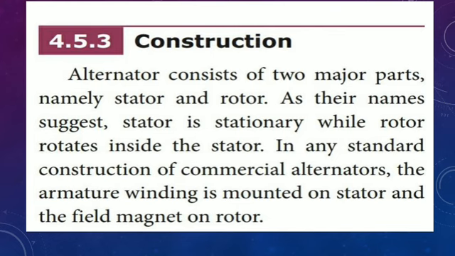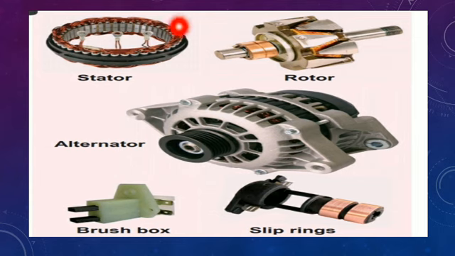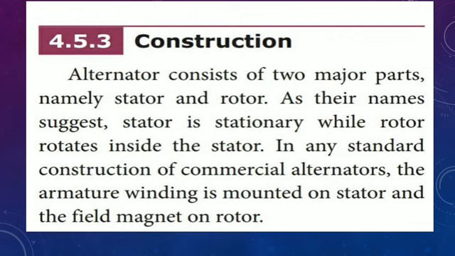As their names suggest, stator is stationary while rotor rotates inside the stator. See, this is fixed, this only rotates. In any standard construction of commercial alternators, the armature winding is mounted on the stator and the field magnet on the rotor.